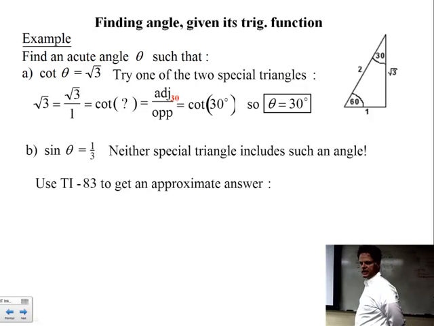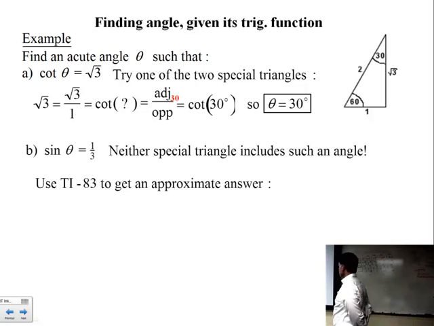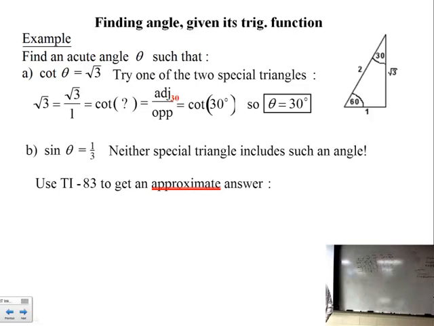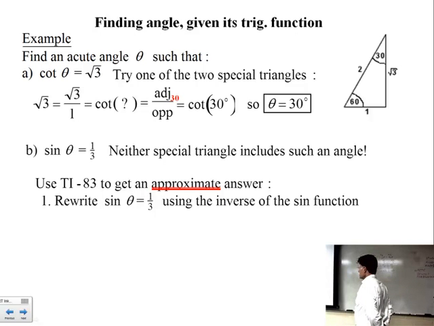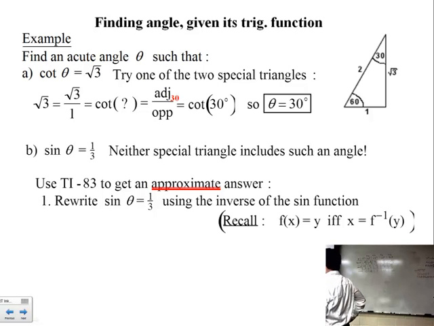So we'll get an approximate angle using, say, a TI-83. I know they're not TI-83s, but are they TIs? Mostly? Okay, so they're probably somewhat similar to the 83s that have more functionality. So we'll rewrite sine theta is 1/3 using the inverse of the sine function.